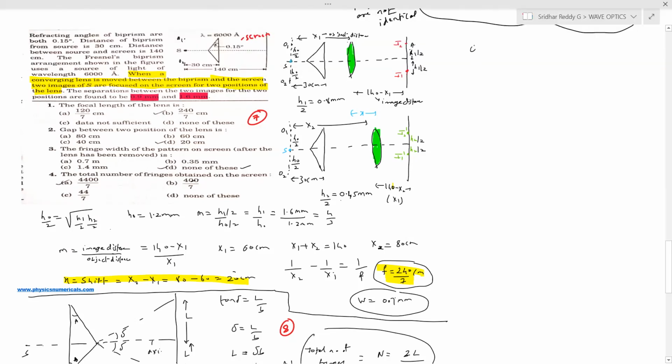So let me write here. What are O1 and O2? Images formed by the prism. What are I1 and I2?